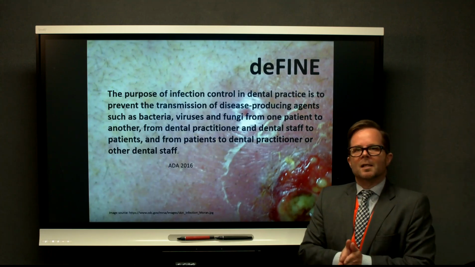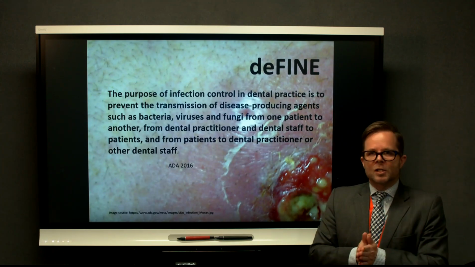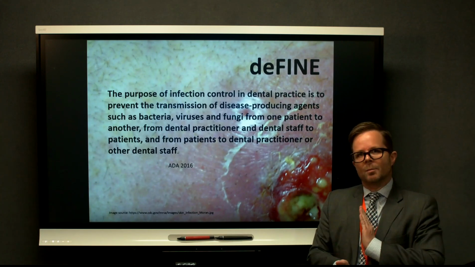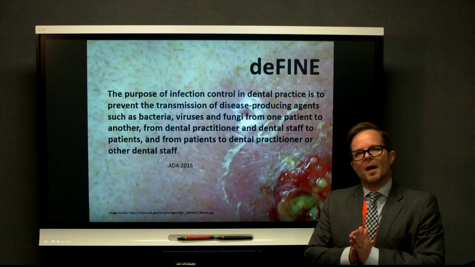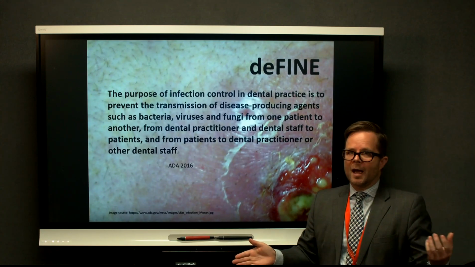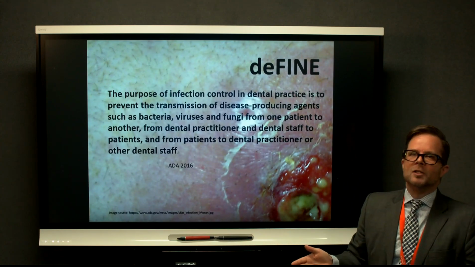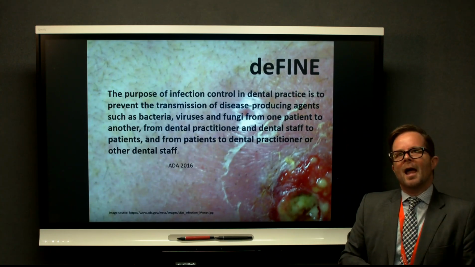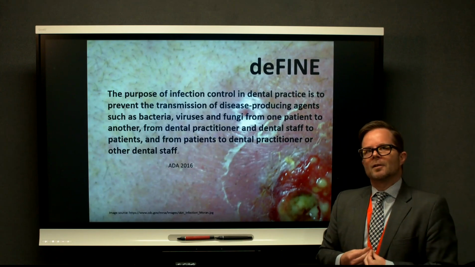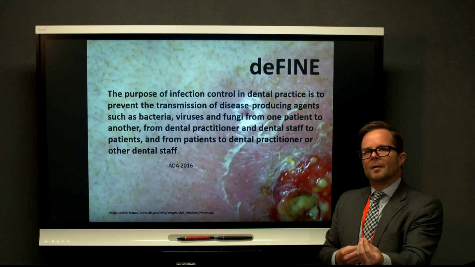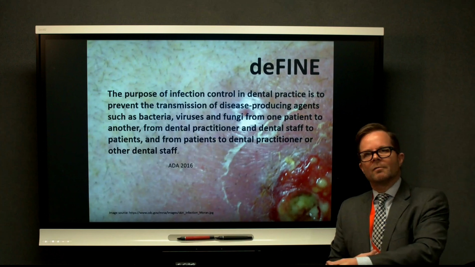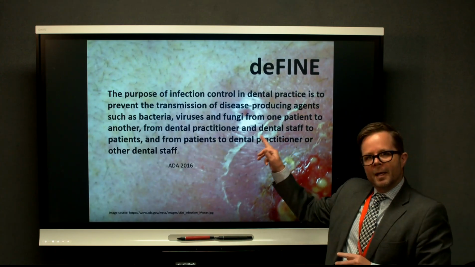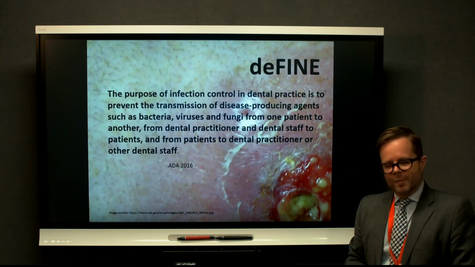So we shouldn't just think about the practitioner infecting a patient or a patient infecting a practitioner. We should also think about one patient being able to infect another patient somehow. How would that happen? We'll talk about that. How dental staff can transmit infection to another dental staff member, or vice versa. So commit this definition to memory, memorize it.